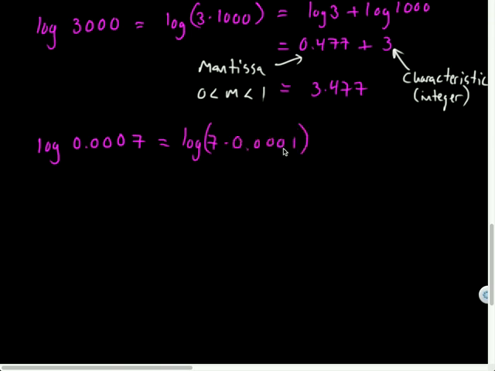So that's going to be log of 7 plus log of 10 to the -4th. Or 10 to the 1/4? No, that would be the 4th root of 10, which is different than that.